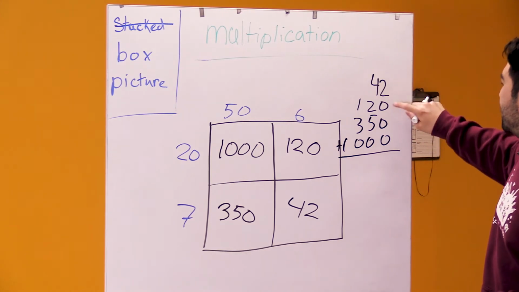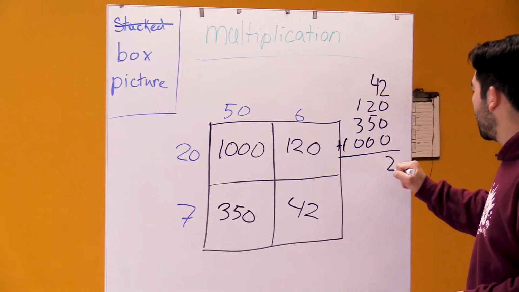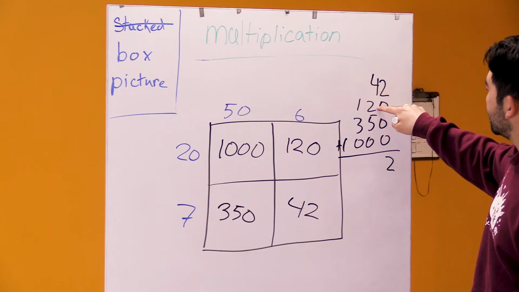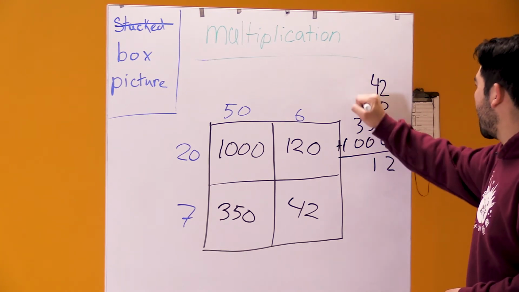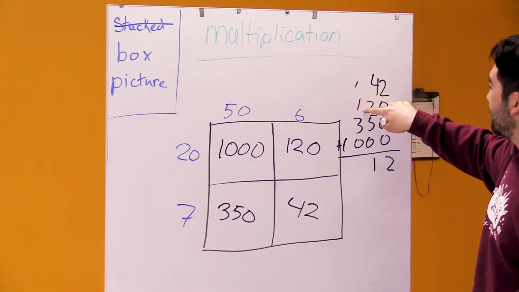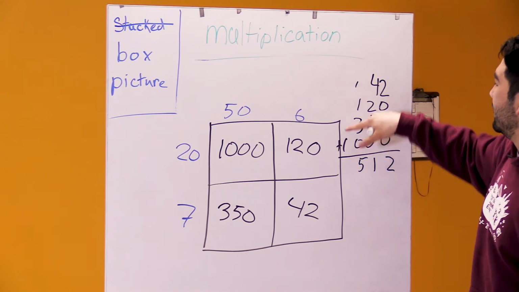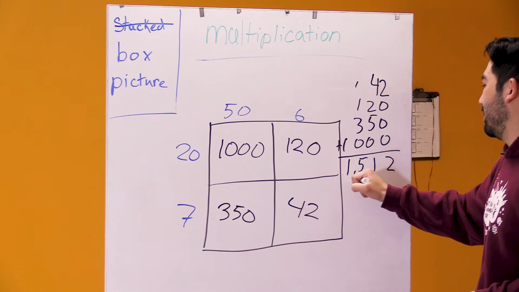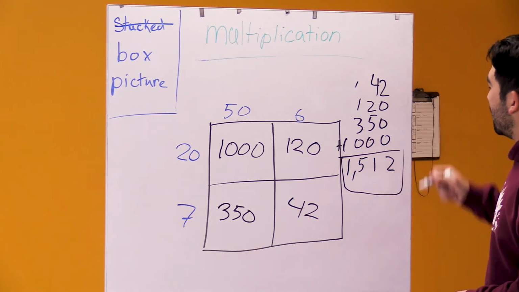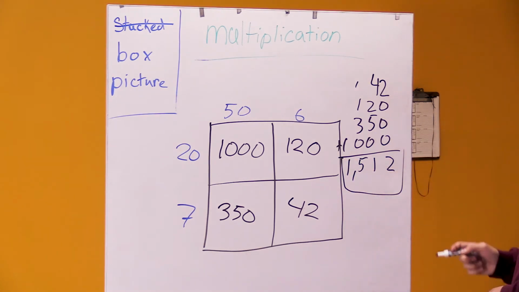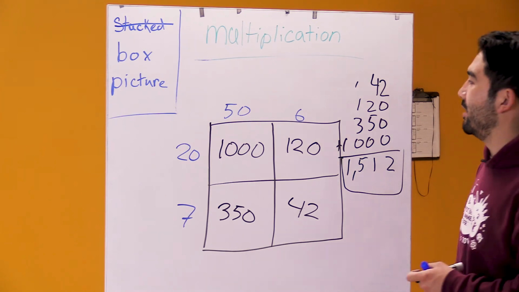Okay, 2 plus 0 plus 0 plus 0 is 2. 4 plus 2 is 6, plus 5 is 11, carry the 1. 1 plus 1 is 2, plus 3 is 5, and 1 plus nothing is going to be 1. So our answer is 1,512, and that is the box multiplication method.